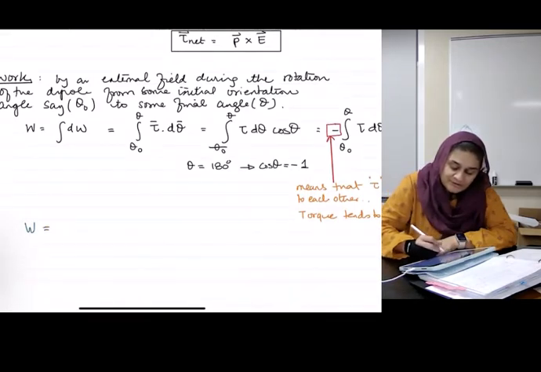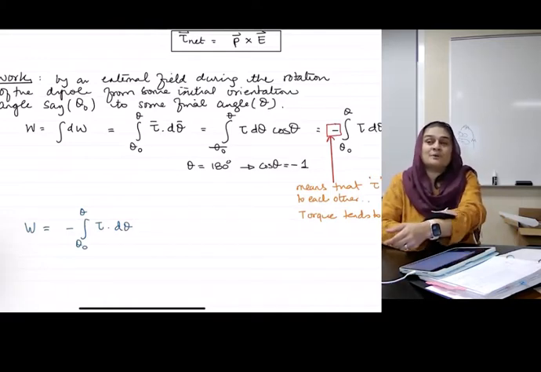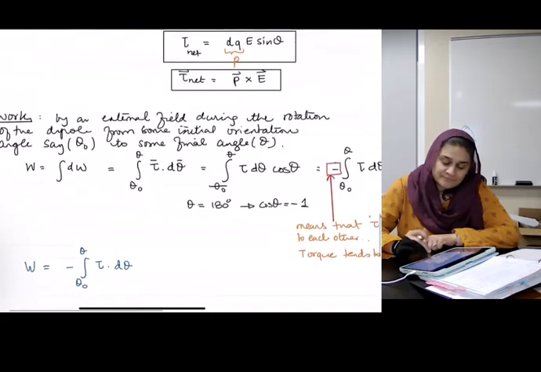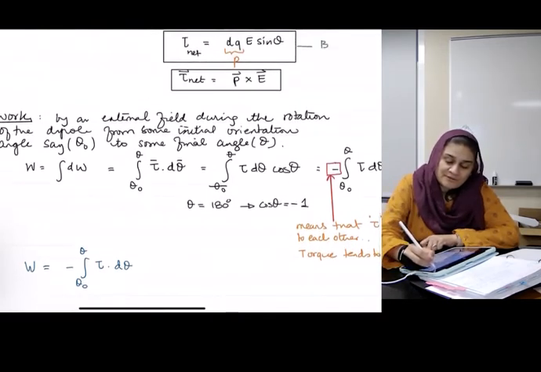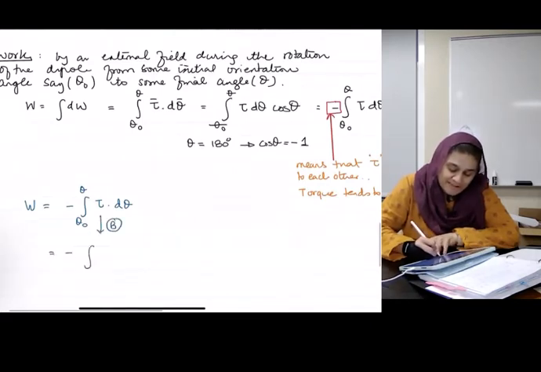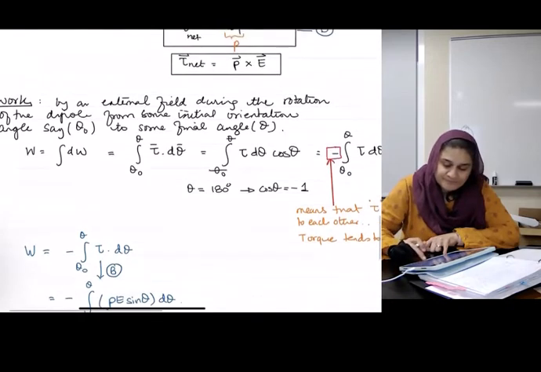Work equals minus d theta from theta 0 to theta. My value of torque is P cross E, or from here, let's call this equation B. May I replace this from equation B as minus theta 0 to theta. What is it? PE sine theta d theta, right?